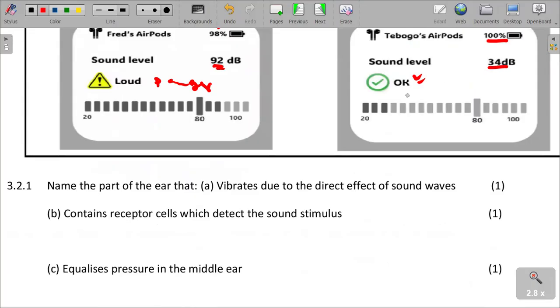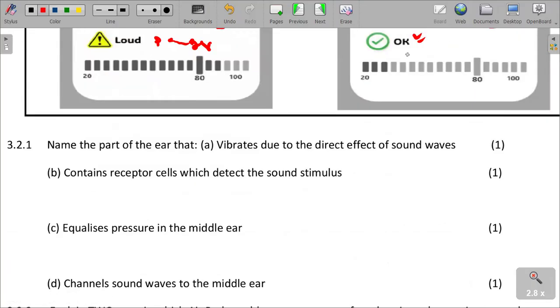So now the question is saying name the part of the ear that vibrates due to the direct effect of sound waves. I'm sure that you know that it is the tympanic membrane. The tympanic membrane is actually responsible for the vibration, which we said that sometimes it can be affected because of the hardening, which can be caused by mucus, which we can find in the ear there.